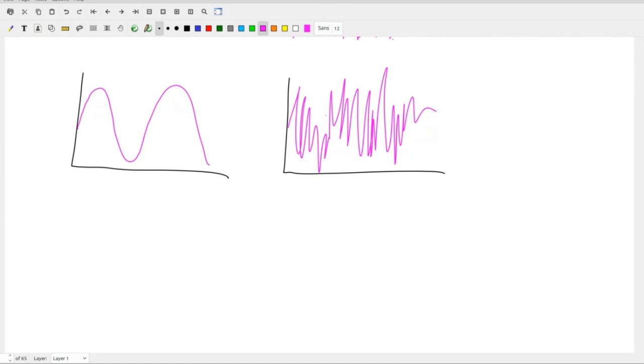So we're going to call the mean of a random signal x our expected value of x. You guys have an undergrad statistics class? Have you taken it already? Okay.